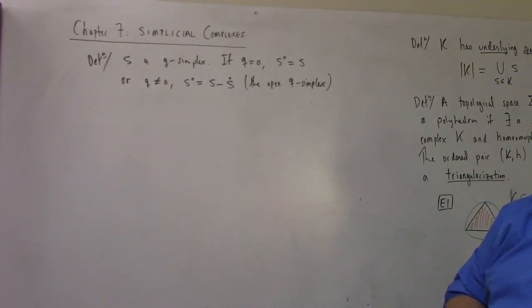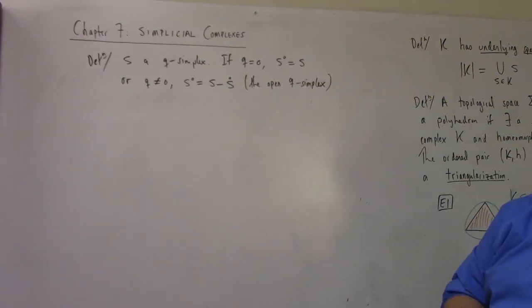Let's see here. Okay. So observe a simplicial complex is the disjoint union of its open simplices. It's plain that an open Q simplex is an open subset of S. Its interior, in fact, right?